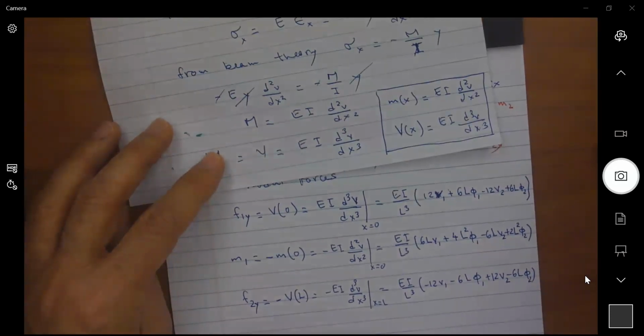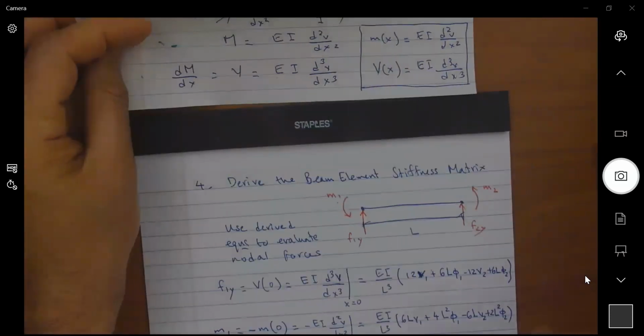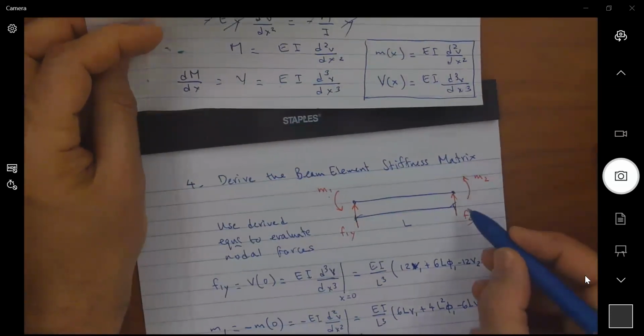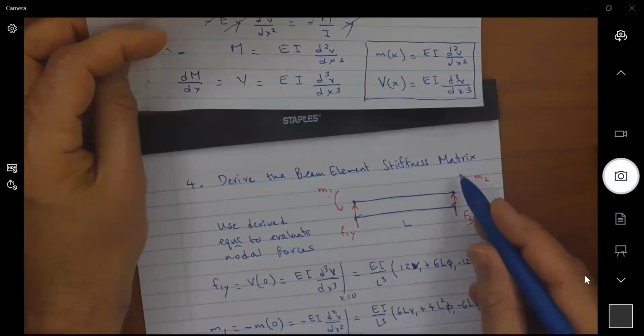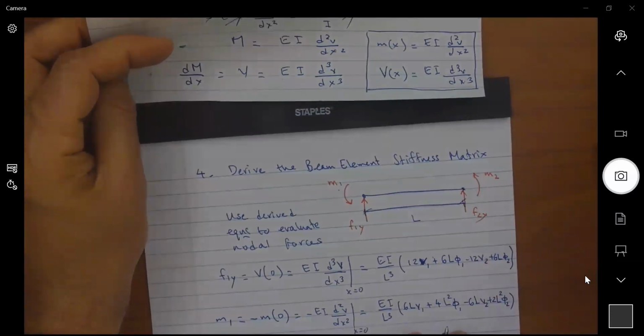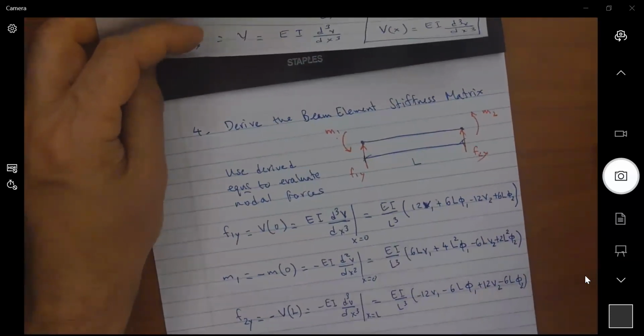And lastly, M2 is equal to counterclockwise moment, putting tension at the bottom, compression at the top. It is a positive bending moment. So I don't need to put a negative sign.